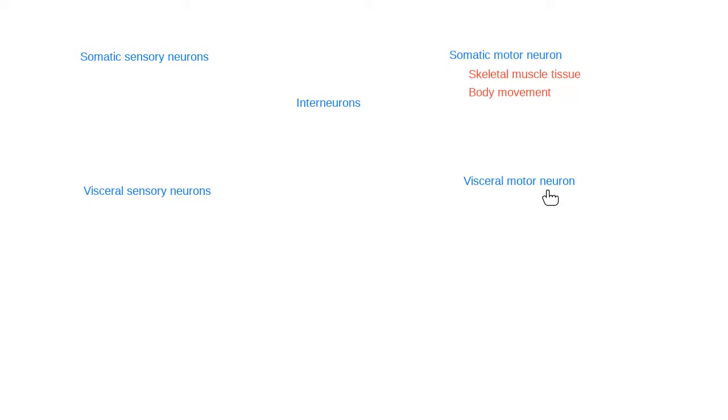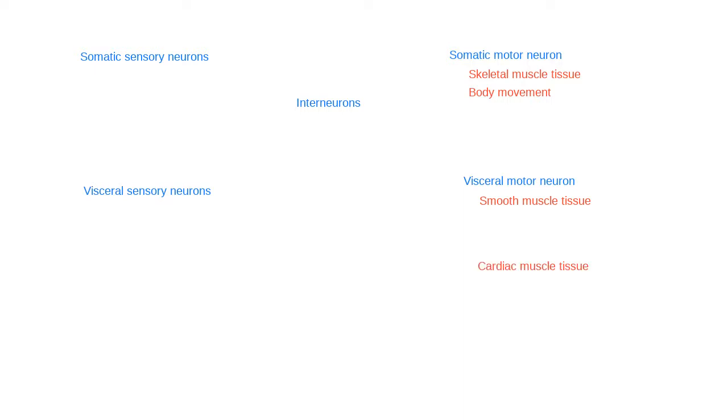Visceral motor neurons talk to two kinds of muscle tissue. What did we say the two kinds of muscle tissue were that visceral motor neurons talk to? There's two kinds that they can talk to. Who do they talk to? Yeah, one of them they talk to is smooth muscle tissue, and the other one that they talk to is cardiac muscle tissue.